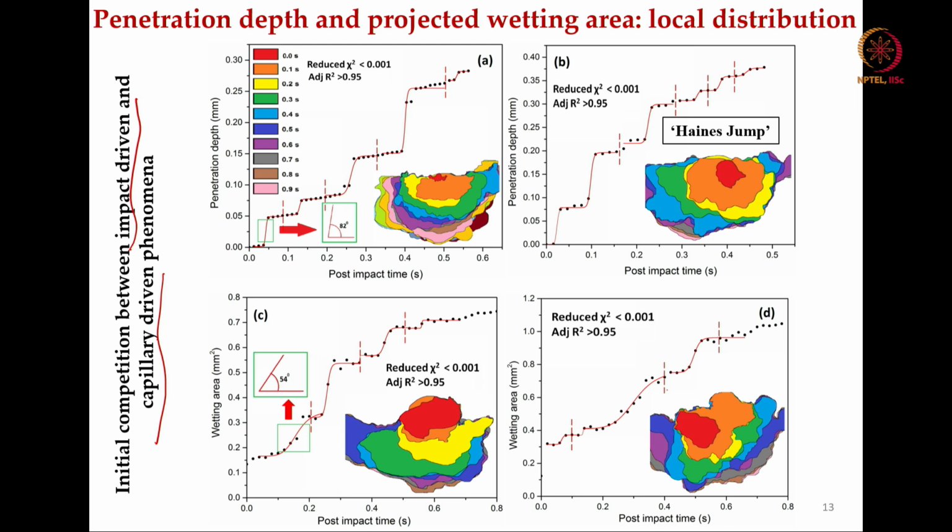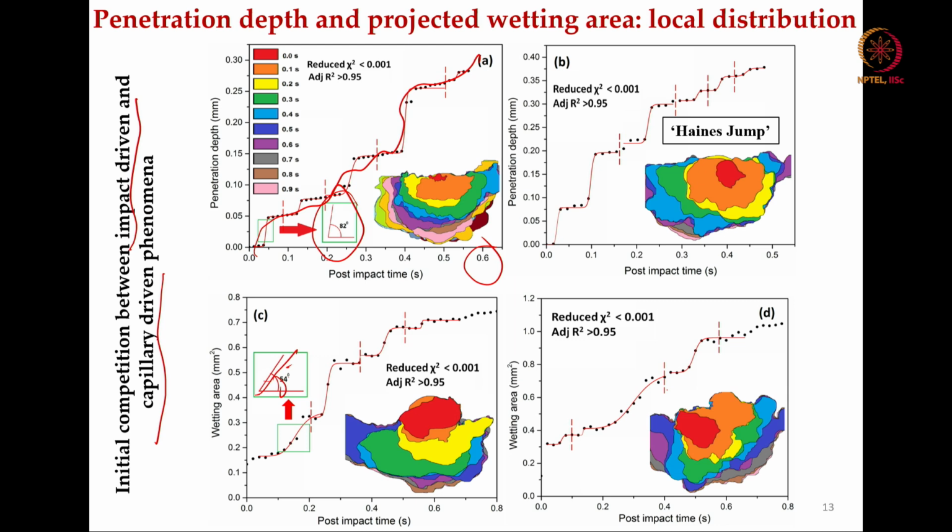What you see here is the penetration depth plotted against the post impact time, which is a fraction of a second. From 0 to 0.6 second it increases. The contact angle is around 82 degrees, but when this penetration depth is shown going from more initial impact driven to more capillary driven, you see this angle changes quite a bit.